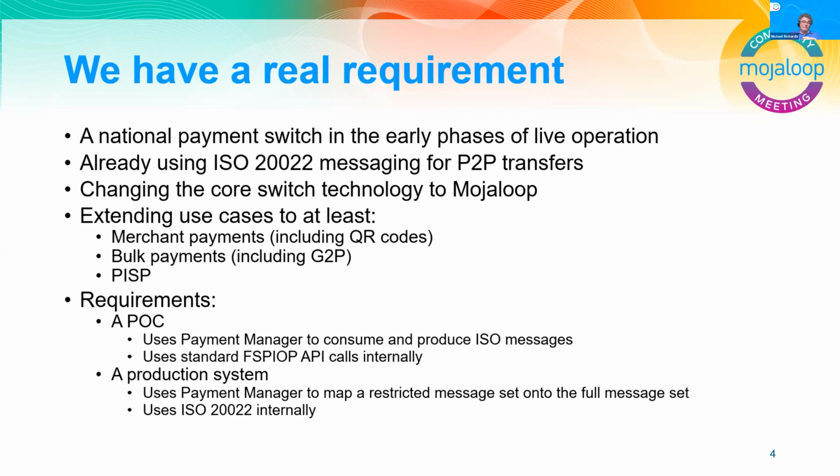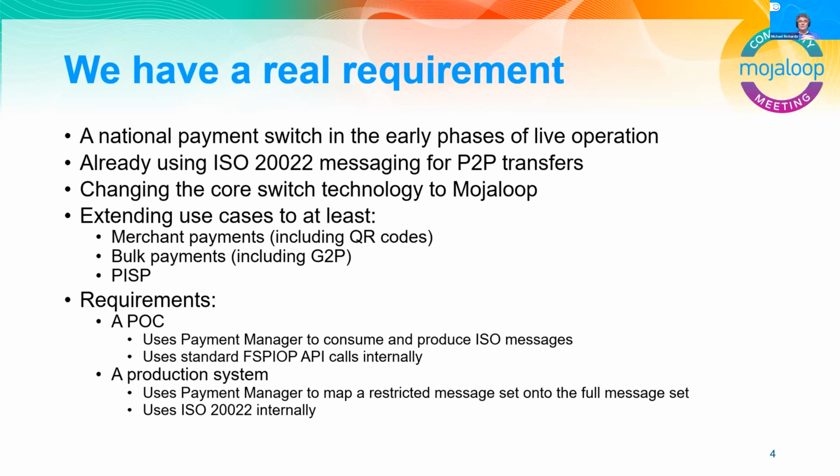Next, we will need to have a production system which uses Payment Manager to map the restricted message set that they are using onto the full Mojaloop message set, and which uses ISO 20022 internally in the switch.